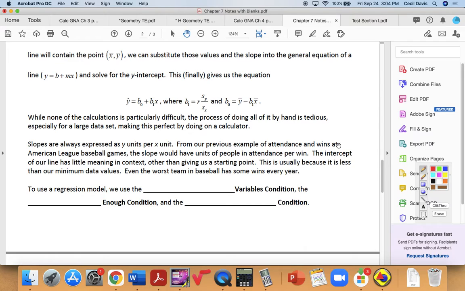Okay? All right, so to use a regression model, there are 3 things we're going to look for. First of all, what kind of variables do we have to have? Quantitative variables.